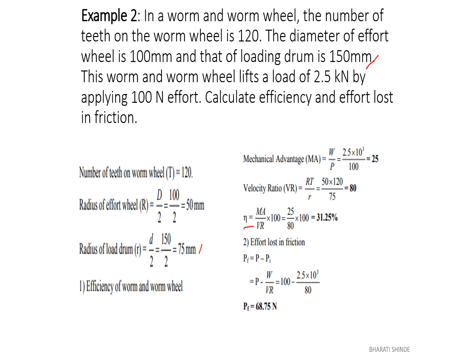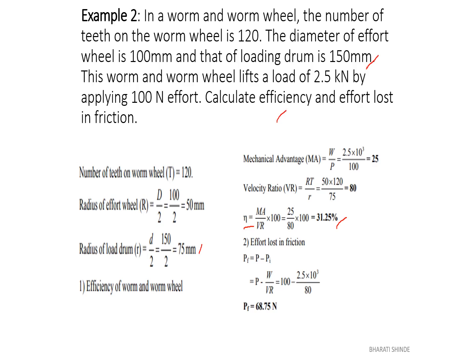By putting MA and VR value in efficiency equation, we will get efficiency 31.25%. So we have found out efficiency.